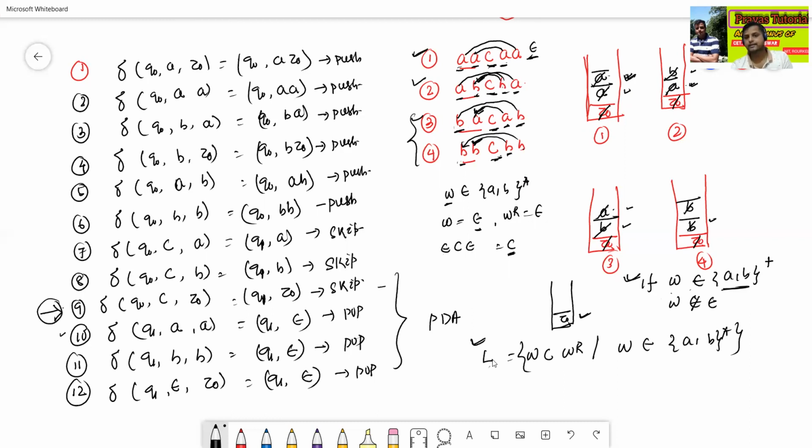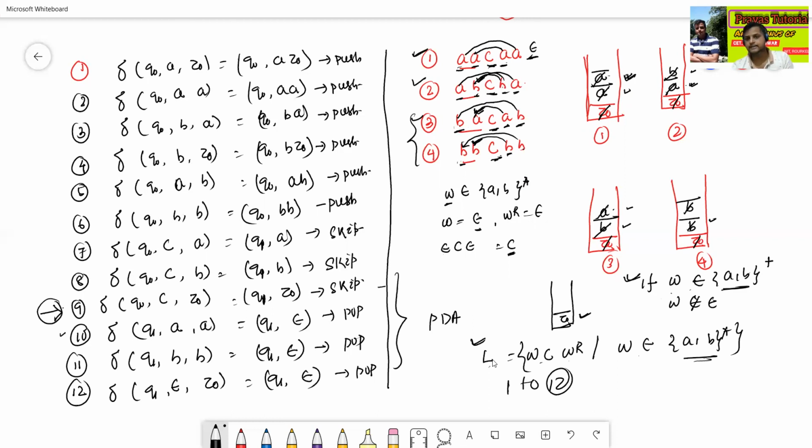So if L equals W C W R and W belongs to (A, B) whole star, you can write all 12 transitions.